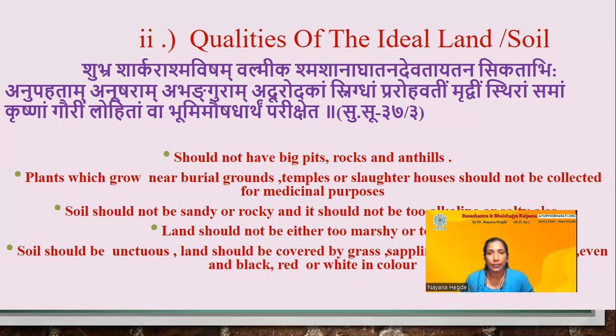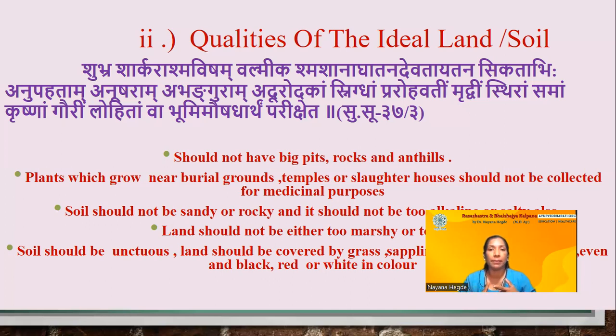So once again, we'll try to understand in a summary. They have given the qualities of ideal land in 2 points. One is what should not be and one is what should be. In the should not, they have given that the land should not have big pits, rocks, and hills.